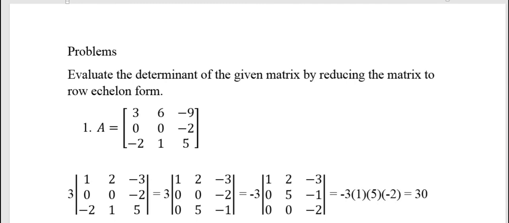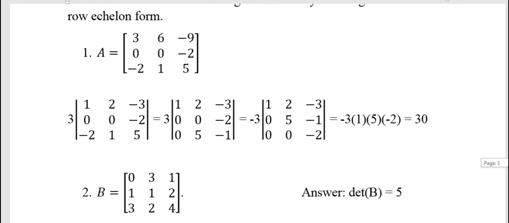Alright, here's some problems. Evaluate the determinant of the given matrix by reducing the matrix to row echelon form. Now I worked this one out, so let's just talk about it. So I notice here that for row 1 there's a common factor of a 3, so I factored out the 3 from row 1. And I said 3 times the determinant.